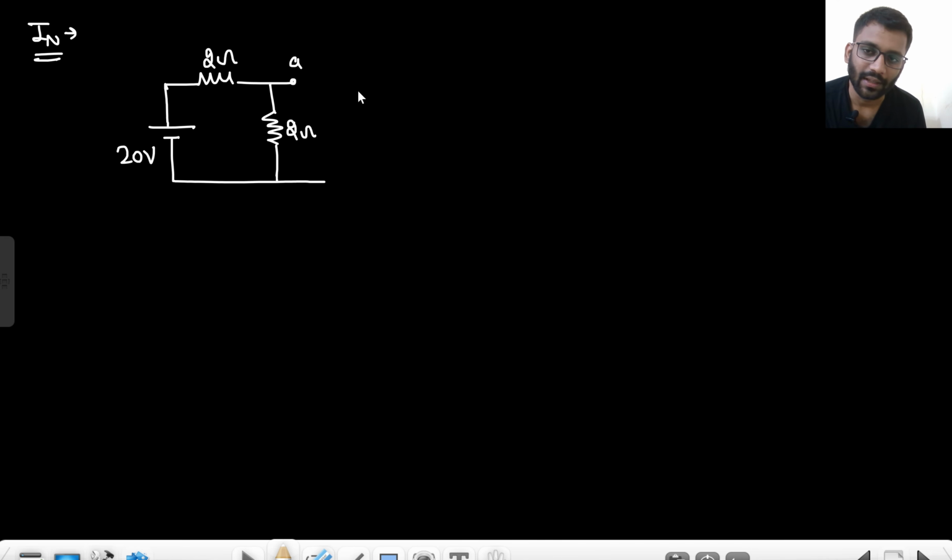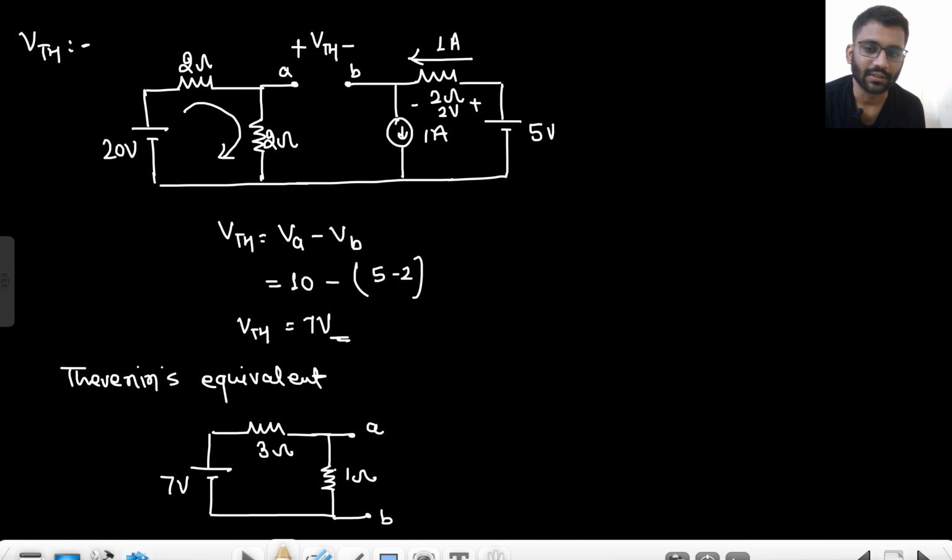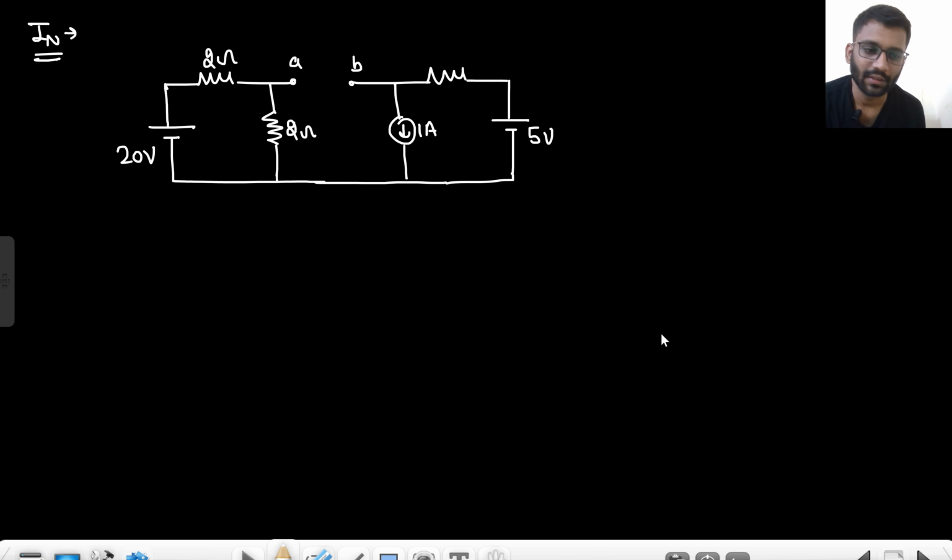This was my node A, this was my node B. I had a current source of 1 ampere here, and then a voltage source of 5 volt here and a 2 ohm resistance. What I will do, I will just short circuit this. And this is the current I am finding, the current from A to B.